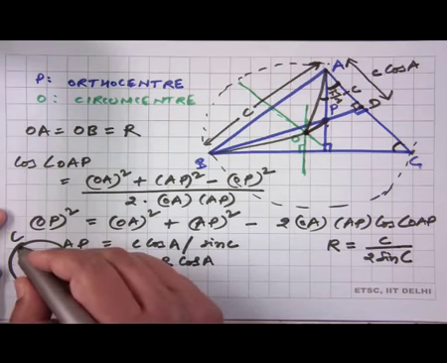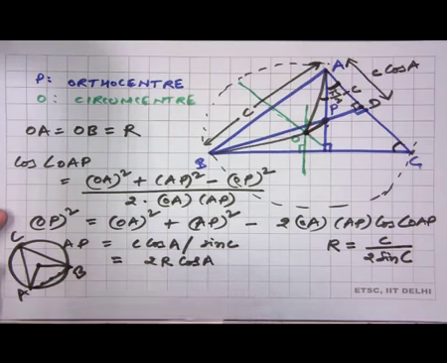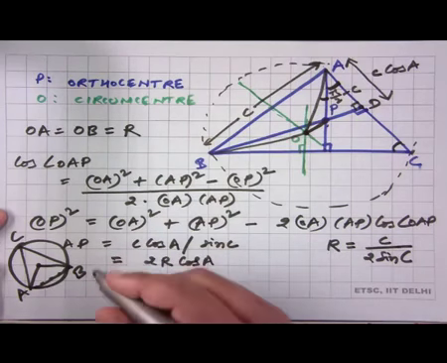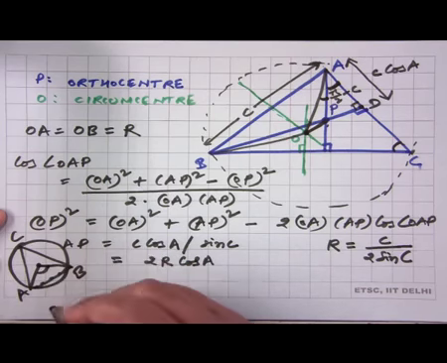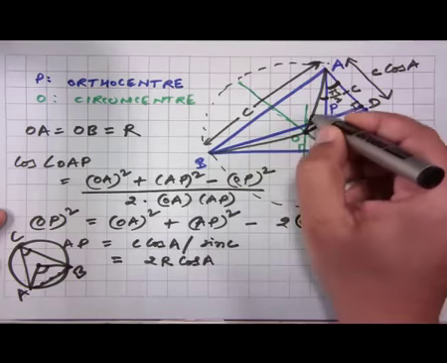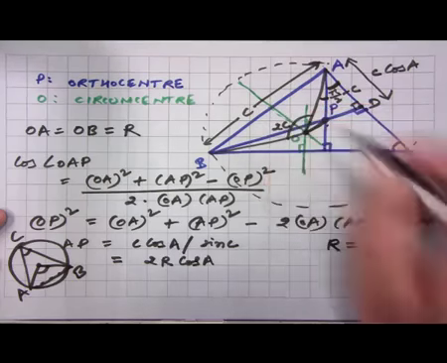So, this is our triangle ABC. I have just turned it a little bit. Then from high school geometry, we know that this angle is twice of this angle, and therefore, this angle is 2 times C.